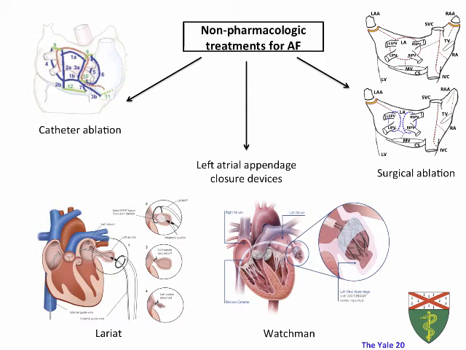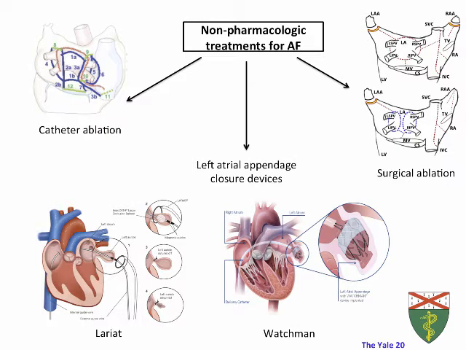There are also several non-pharmacologic treatments for AF, which are somewhat beyond the scope of this course, but just to mention briefly. The first is catheter ablation or surgical ablation, so creating electrical scarring within the heart, either through a percutaneous route, as in catheter ablation, or a surgical approach to block electrical activity within the atria.